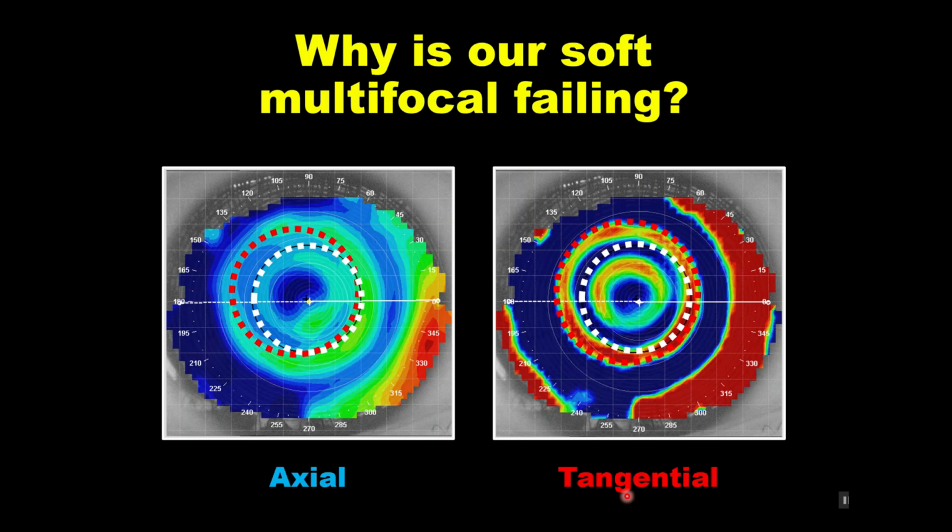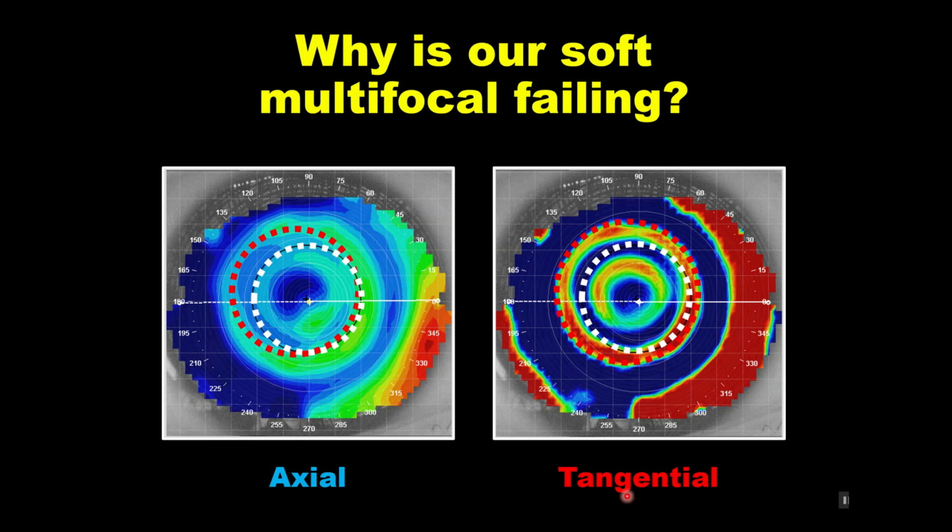And that has a lot to do with angle alpha, the temporally displaced fovea, and how our soft lenses or our rigid or our contact lenses in general tend to fit slightly temporal of the visual axis. And here that could be the reason why we're failing, that this patient has a relatively normal angle alpha, so the lens axis and the visual axis just do not line up.